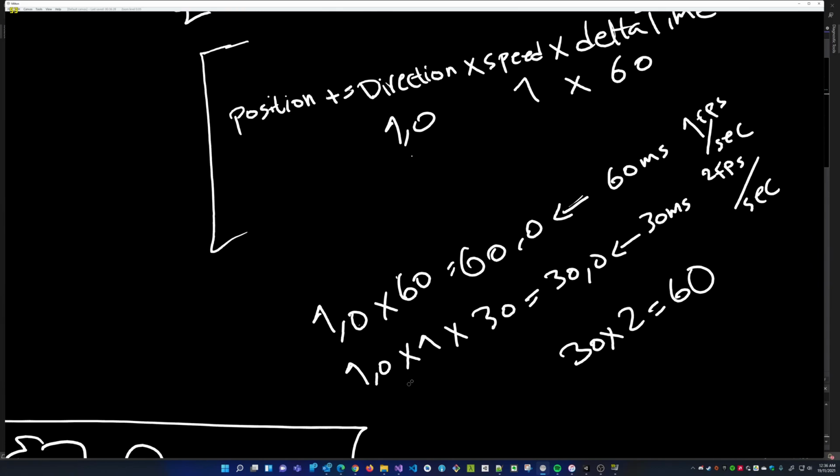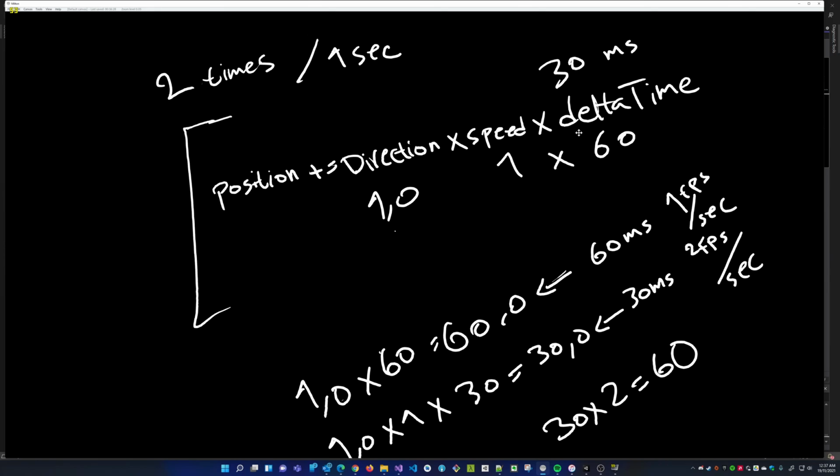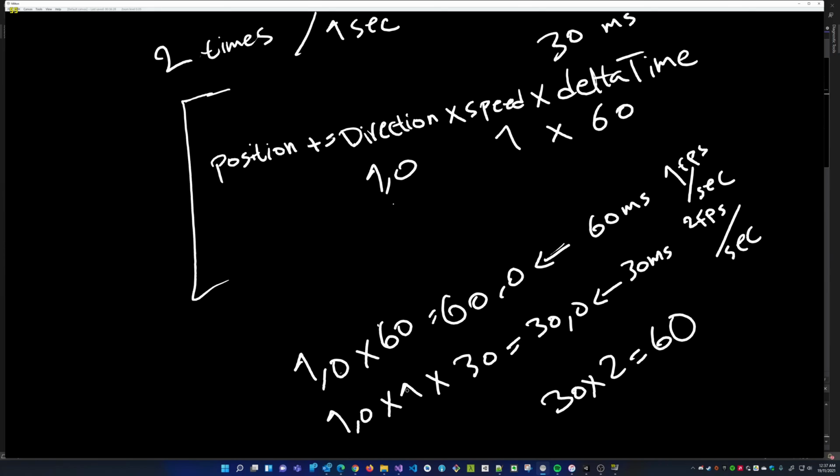Okay. Now, the next option is that my frame rate increased, right? I am now running at 2 FPS. When my frame rate increases, my delta time decreases. So I'm running at 30 milliseconds. So 1 multiplied by direction multiplied by speed by my delta time, 30 by 1. This is 30, and this is my direction. So now I'm moving 30, 0, right?